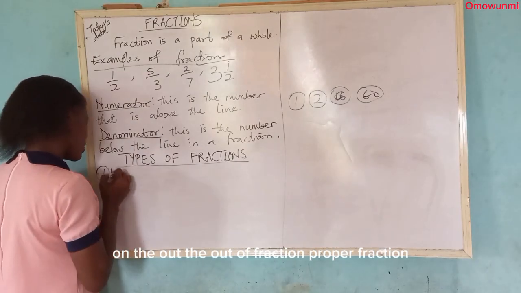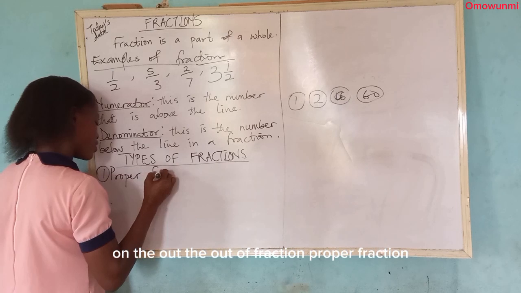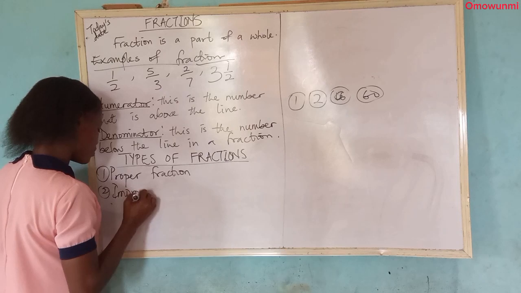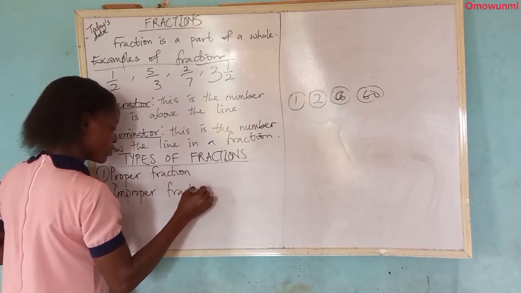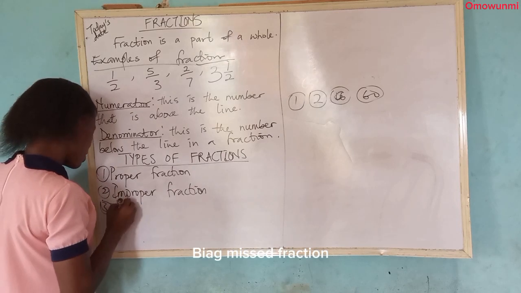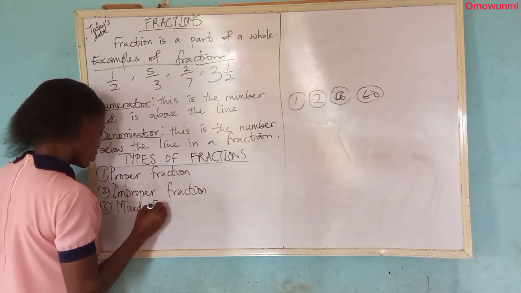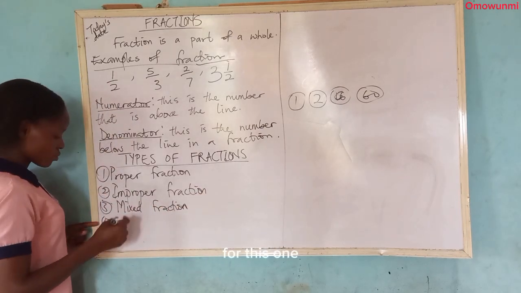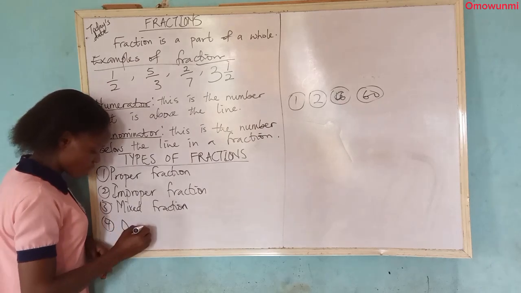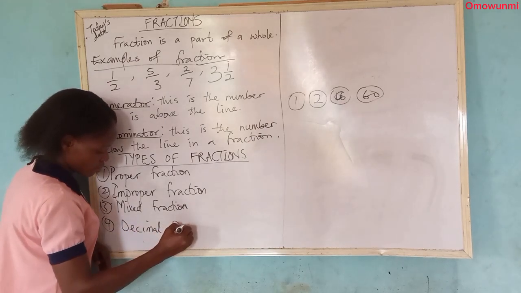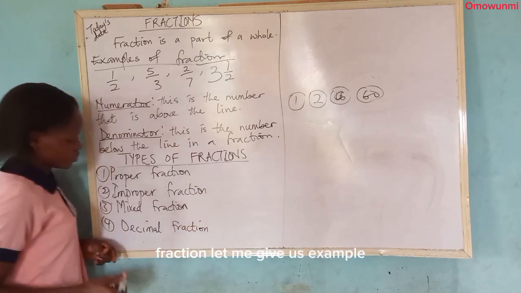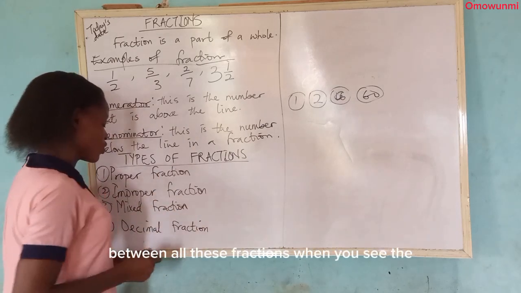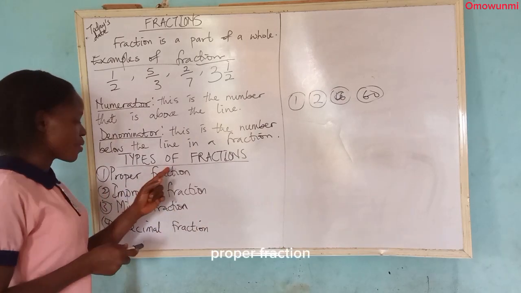We have proper fraction, improper fraction, mixed fraction, and, fourth, decimal fraction. Let me give us an example so that you can differentiate between all these fractions when you see them. Proper fraction.